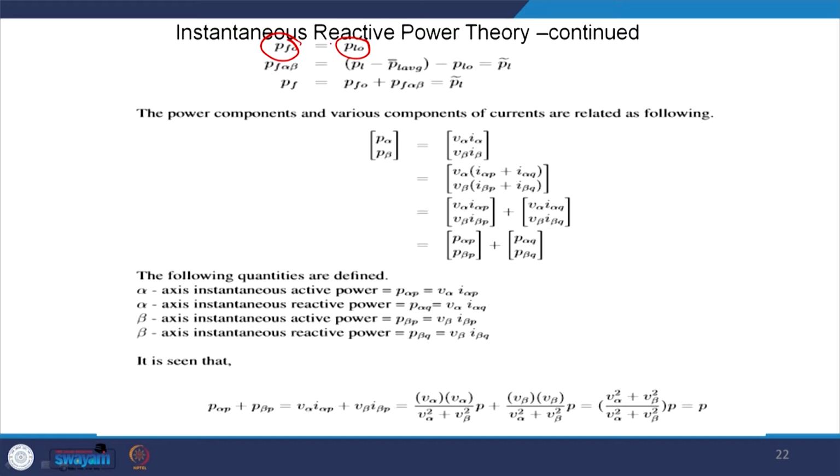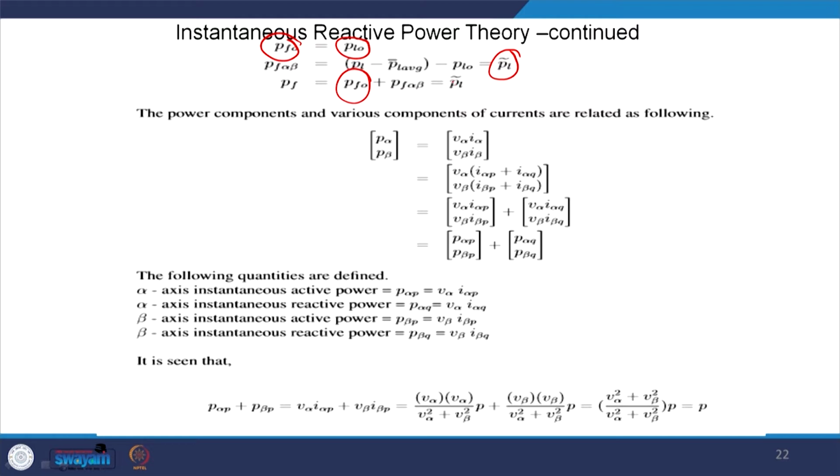Similarly, the active power component in the alpha beta frame should be equal to P L minus P average load, and that should be the power component of this load, here represented by P L delta. Similarly, the power the filter has to supply is P f, which equals the zero sequence component P f 0 plus P f alpha beta, and that is equal instantaneously to the power P delta.